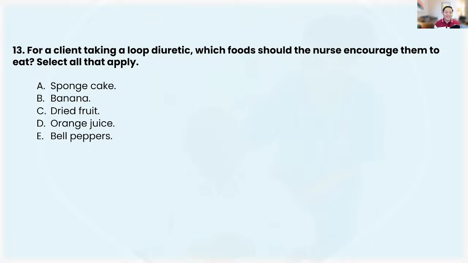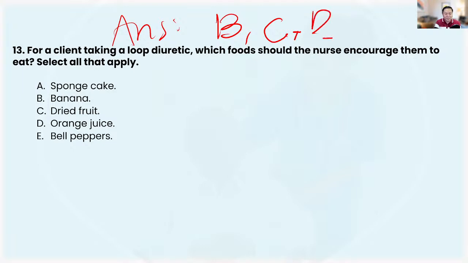Okay, the correct answers here are letters B, C, and D. These are high in potassium. Sponge cake is low in K, bell peppers are low in K. So we have these three food items: banana, dried fruit, orange juice.